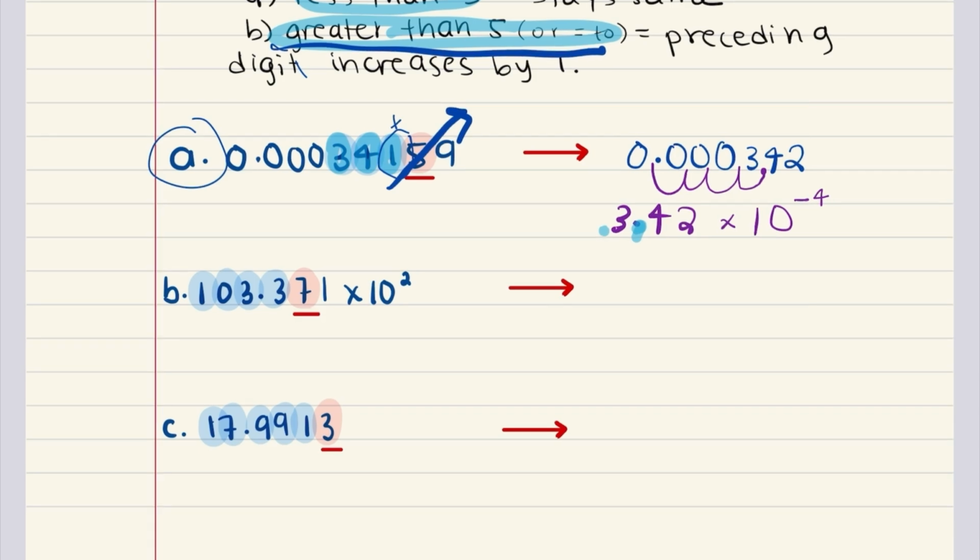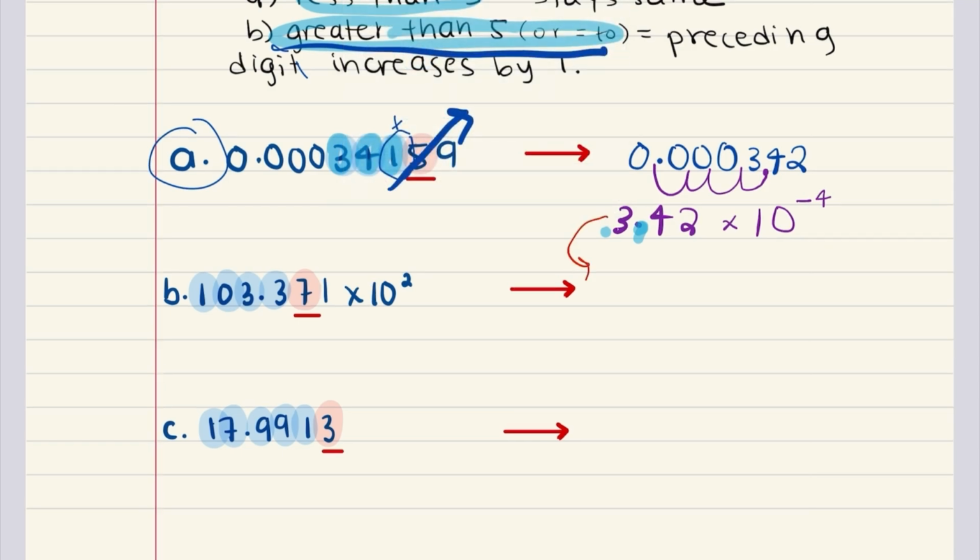All right, and you can always double check your work by working through scientific notation and seeing if you get your original number back. Minus 4 tells us we move the decimal point 4 units to the left. So 1, 2, 3, 4. Fill in the empty places with 0. We have gotten back our original number, so we are good.